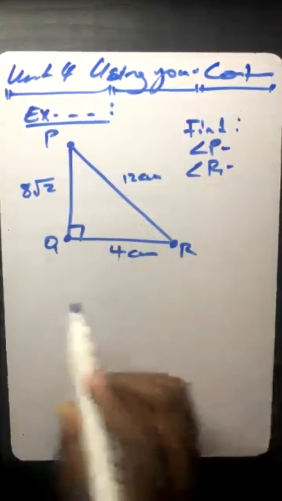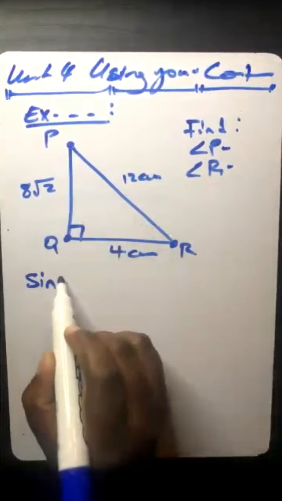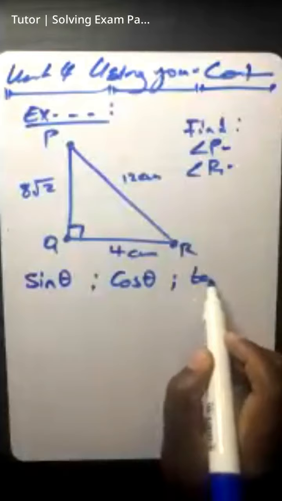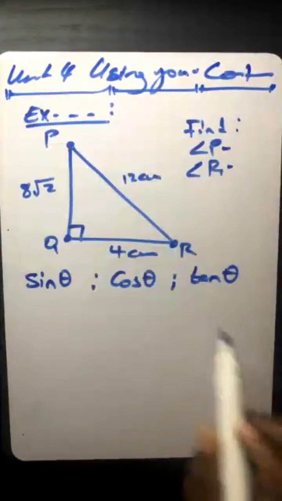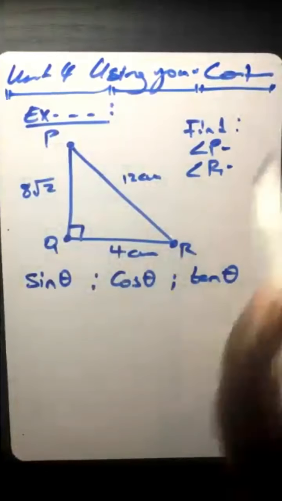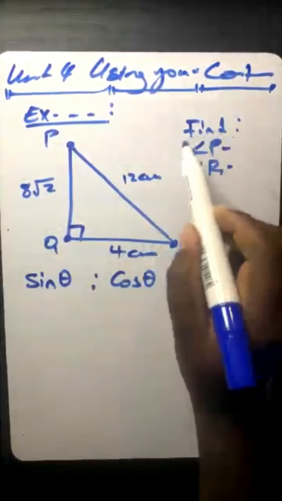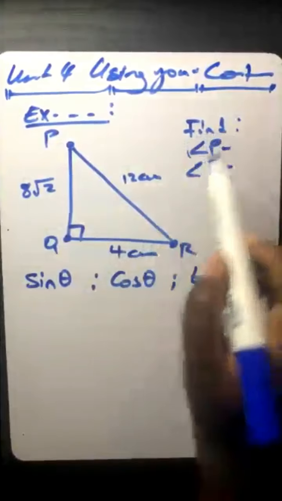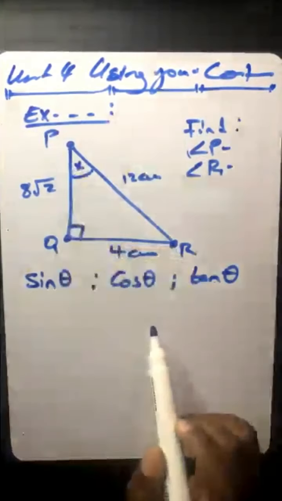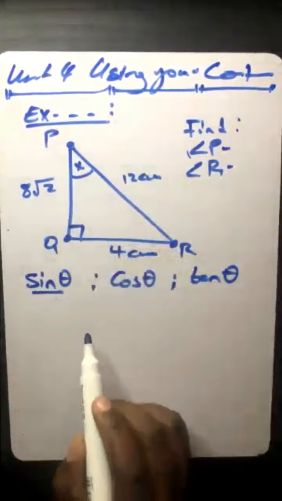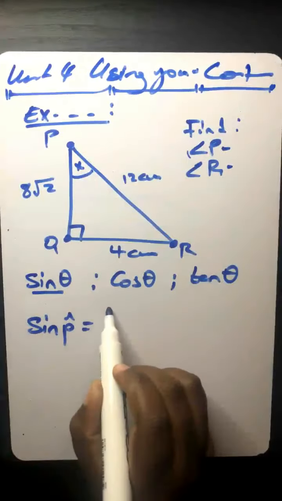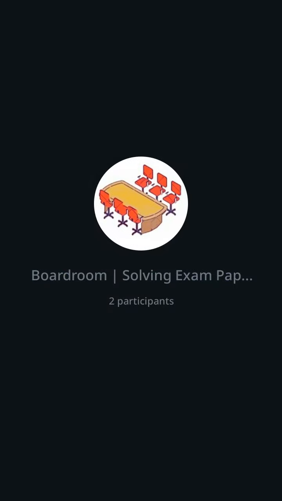So let's see. We know trig ratios: we've got sine angle, cos angle, tan angle. Because you have all the sides, you can choose any trig ratio that you like. For example, if we want to calculate angle P, and we use sine, then we have sine of angle P. Sine is opposite over hypotenuse.